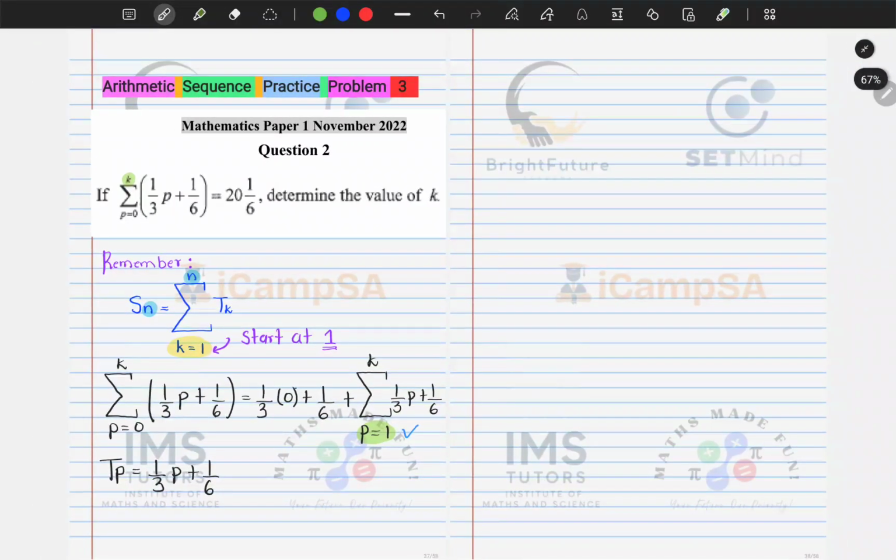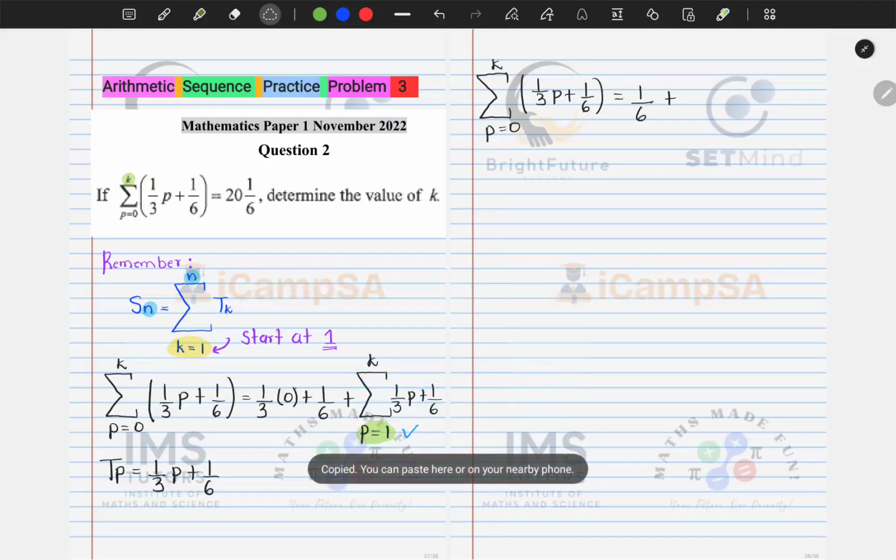So if you look carefully, if we quickly go back, p equals 0 up until k of what we have there, which is 1 over 3p, and then plus 1 over 6. This will just be equal to 1 over 6, and then plus this summation here. So that is what we have.